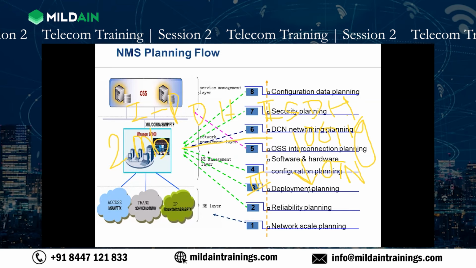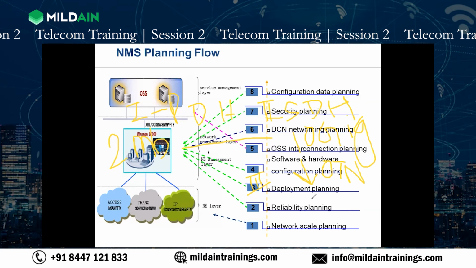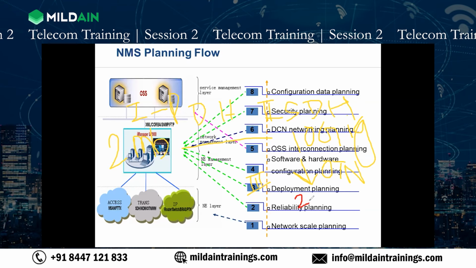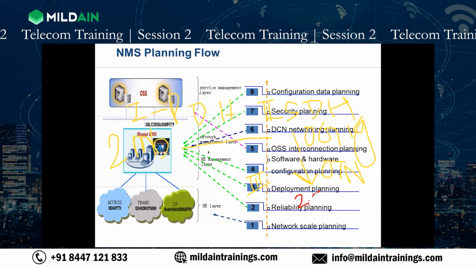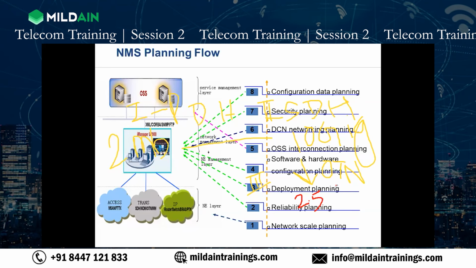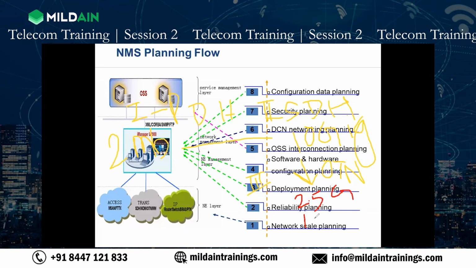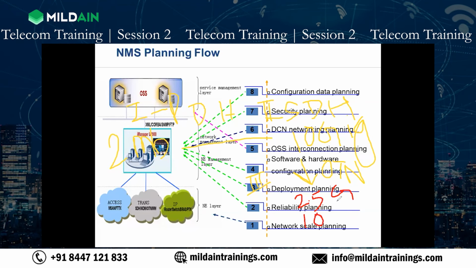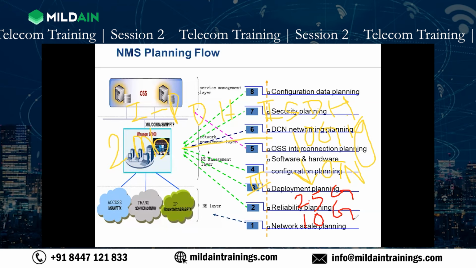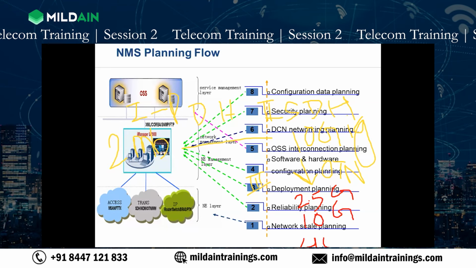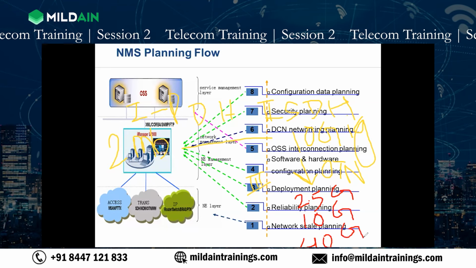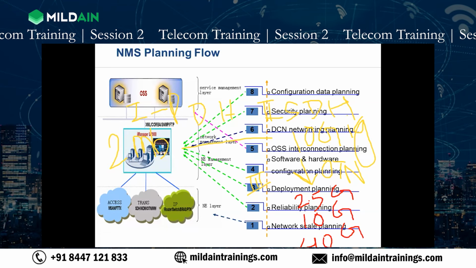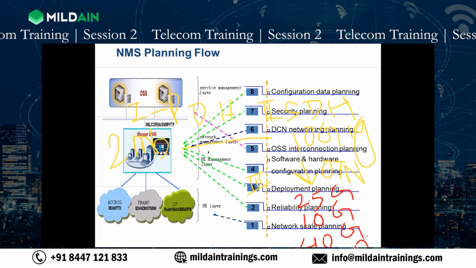OTN came into the picture and said it will give you 2.5 gig. They defined 4 interfaces: 2.5 gig, 10 gig, 40 gig and 100 gig.